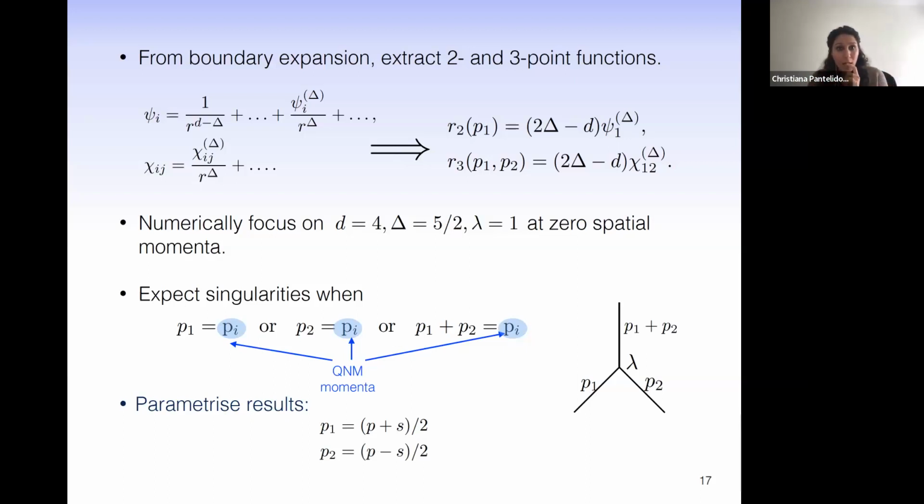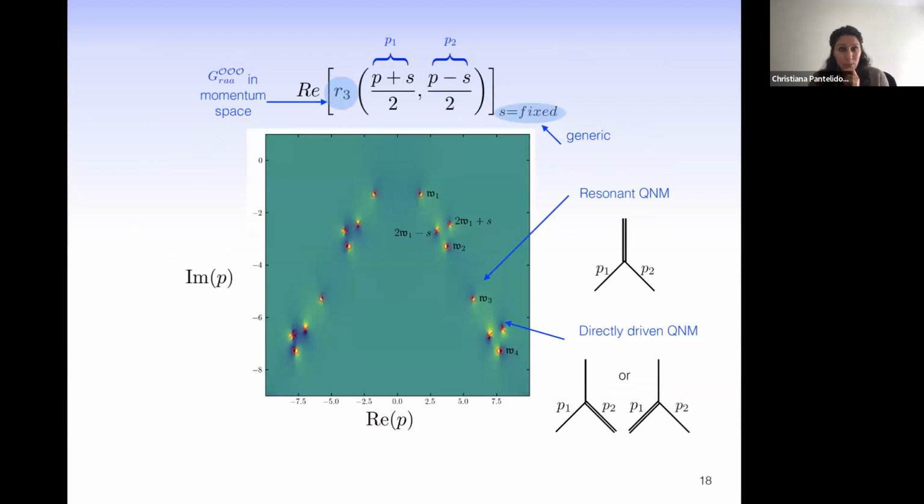Okay. And this is the result. Here I'm showing the real part of the retarded 3-point function for S fixed to some generic value. And what we see is several poles, all of which are single poles. But as you can see, some of them are marked with circles and some with crosses.